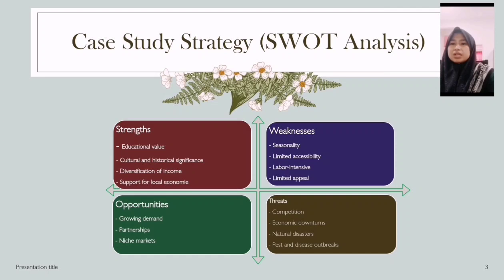Agritourism operations can form partnerships with other local businesses or organizations to cross-promote their products and services. And the niche market. Agritourism operations can target specific niches such as ecotourism or culinary tourism in order to differentiate themselves from competitors. And the last, we can also see about threats.